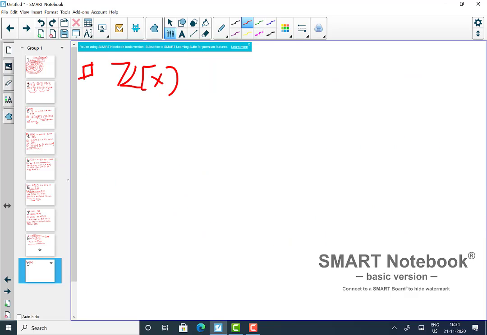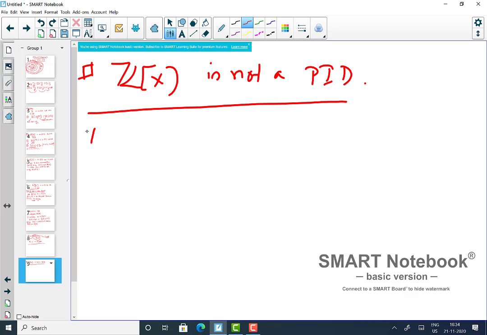UFD means unique factorization domain, and that is almost obvious, right? You can factor any polynomial in terms of smaller polynomials. So now we will prove that Z[x] is not a principal ideal domain. How do we prove this kind of statement? It is better to find an ideal which is not a principal ideal, and then you are done.